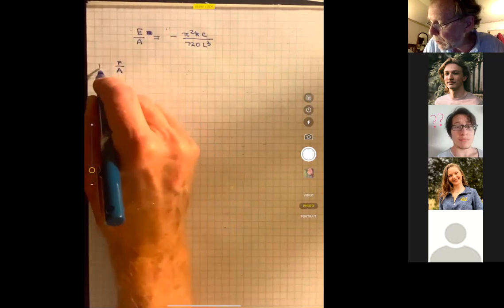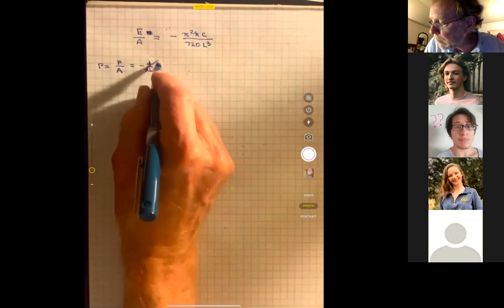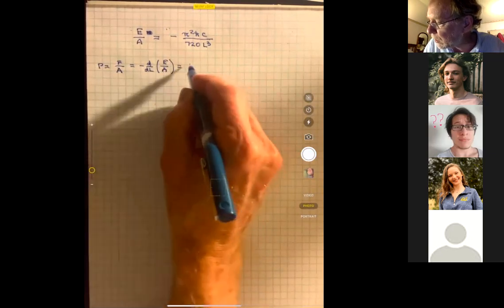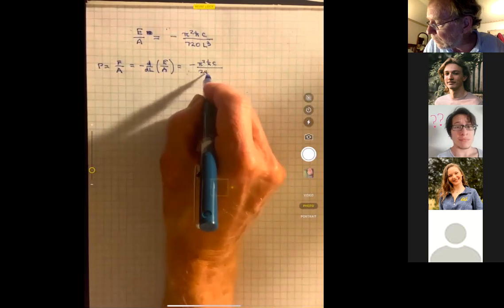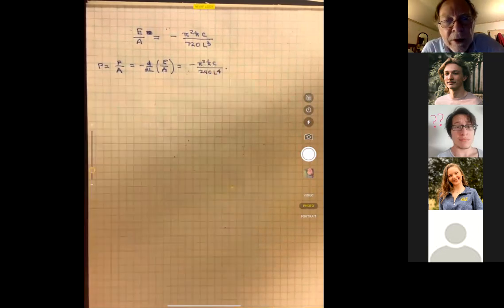The force per unit area is the same thing as a pressure. And that's given by minus the derivative with respect to the length of the energy per unit area. And just taking the derivative, this turns into minus pi squared h bar c divided by 240 L to the fourth power.